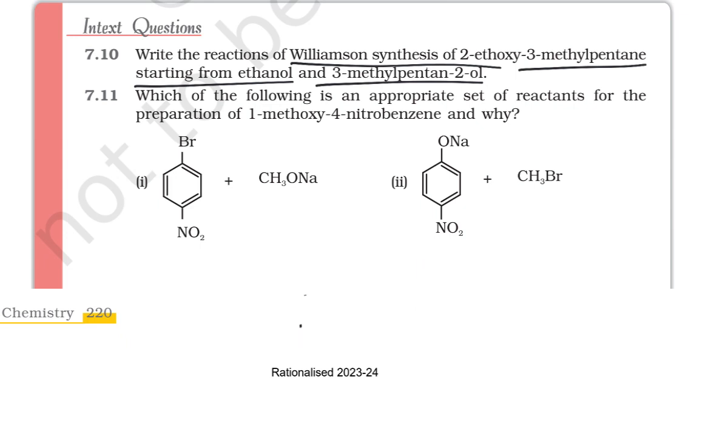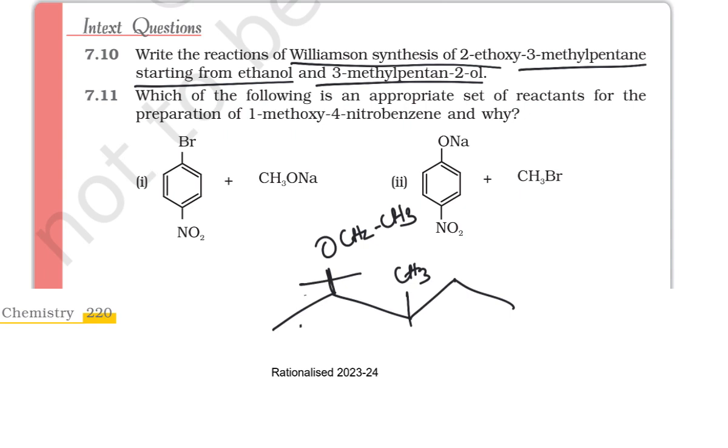So your product is again pentane. Third position, your methyl is there. In the second position there is an ethoxy. Now if I break here, this becomes secondary, this becomes an alkoxide.